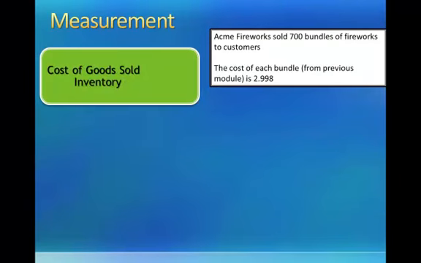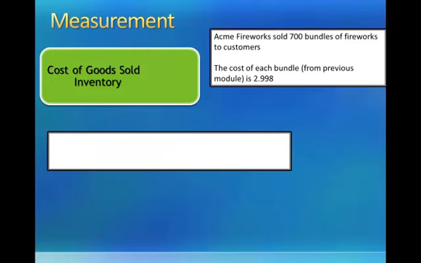The next thing we need to look at is the dollar value for recording cost of goods sold and lowering inventory. This is not based on selling price, but based on the cost of the inventory when we purchased it. If you recall from the previous module, the cost of each bundle is 2.998 cents.